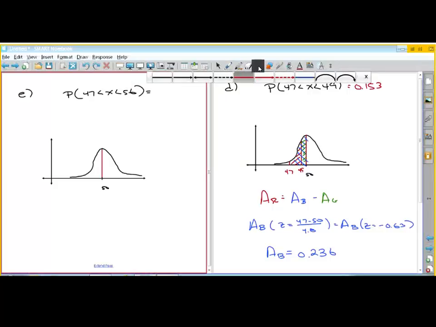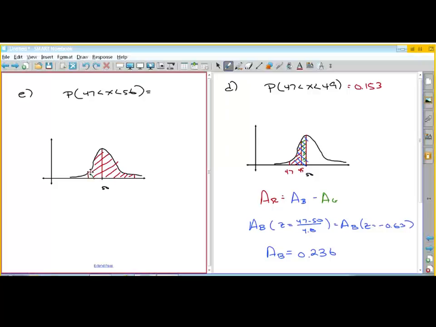Let's draw lines associated with these two limits. We draw a red line here, 47, and 56 is over here. What we're looking at is this total area between the two, including the mean value.